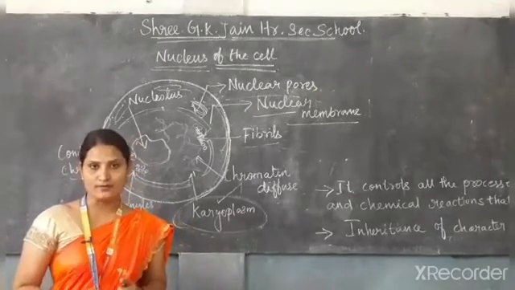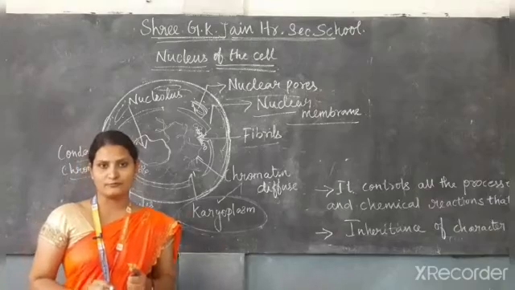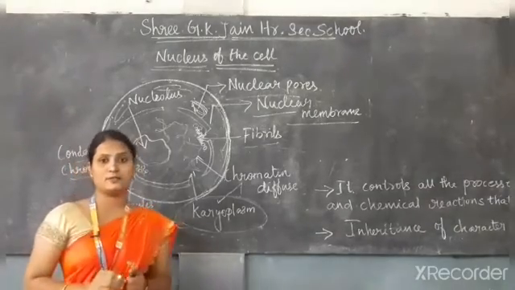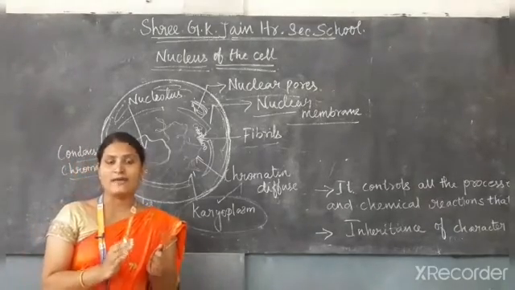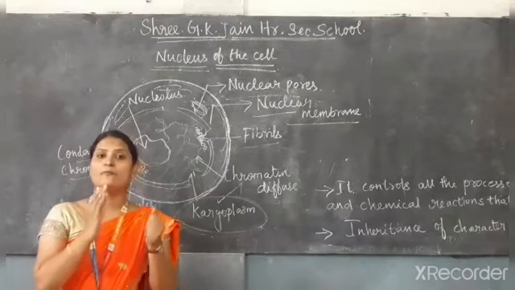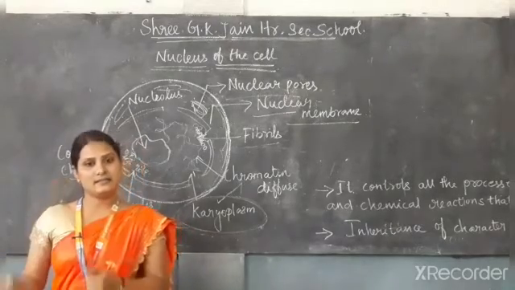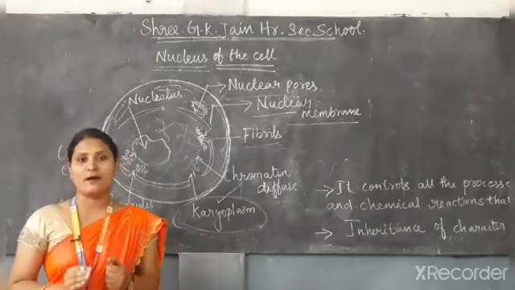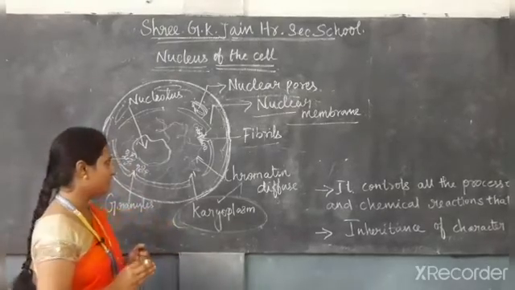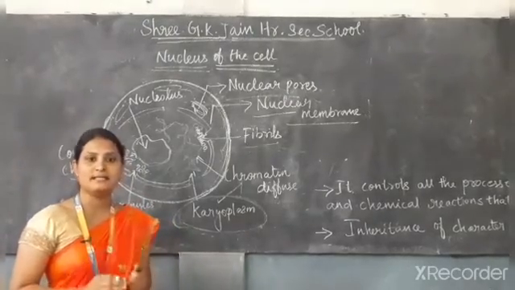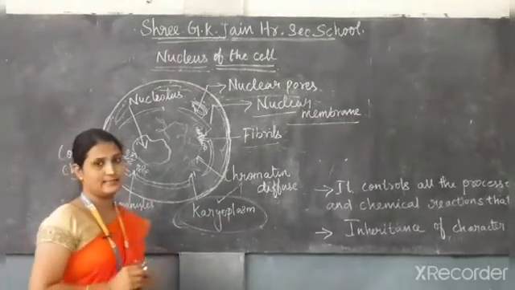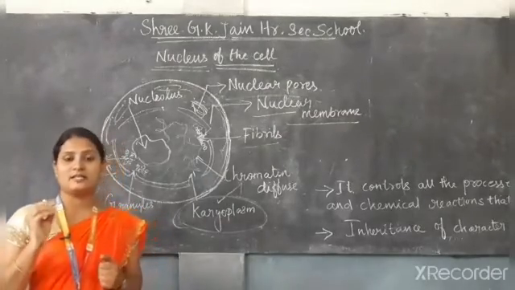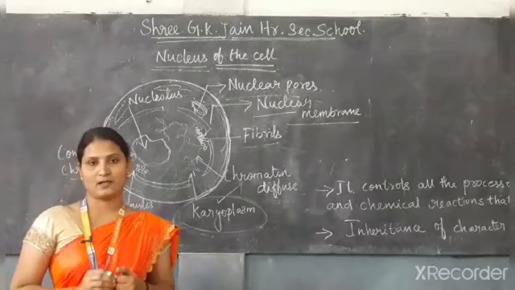As I told you already, the main function of the nucleus is the transfer of inheritance of characters from one generation to another generation. This function is done by the chromosomes present inside the nucleus, since they store the genetic information.